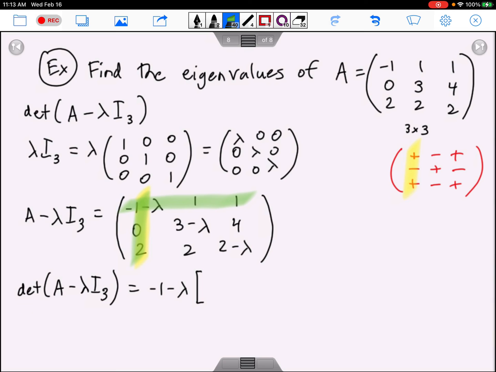So yes, we do have to multiply 3 minus lambda times 2 minus lambda, and then subtract 4 times 2. Let's write that down first so you guys understand what we're doing here. Sorry, let me delete those two, okay? So we're doing 3 minus lambda times 2 minus lambda minus 8.